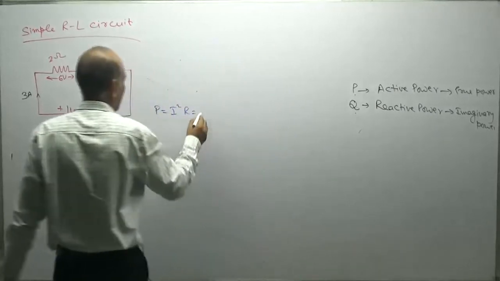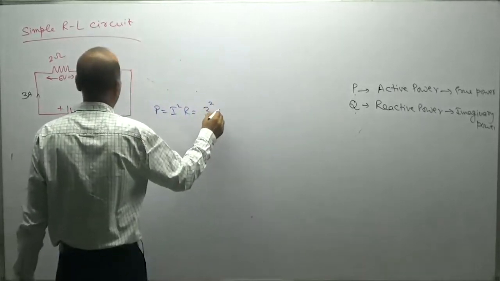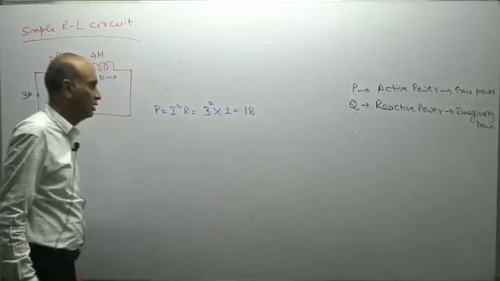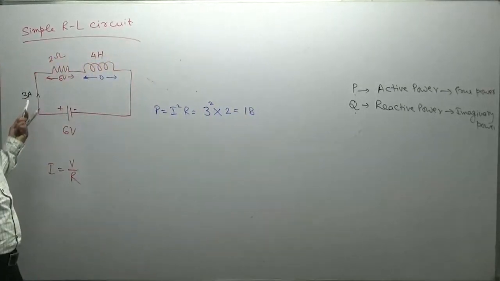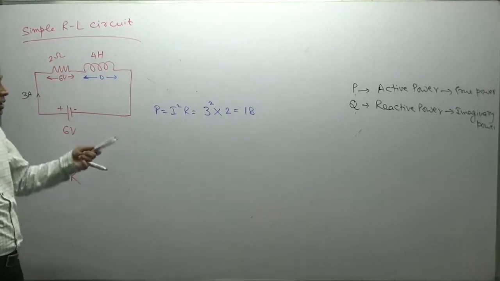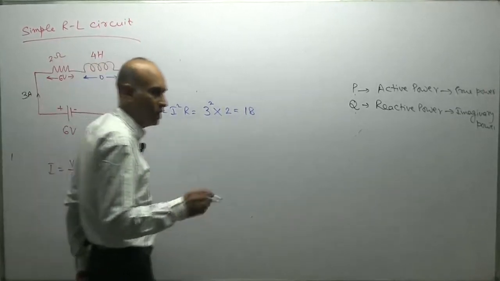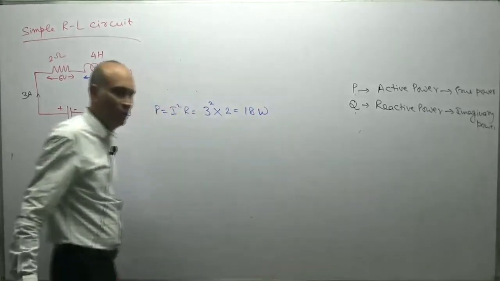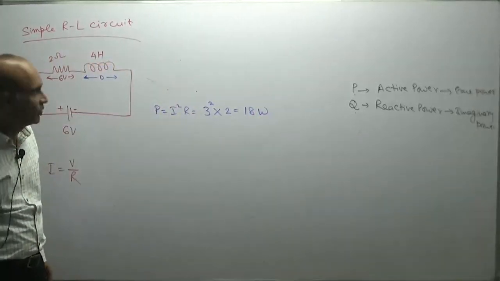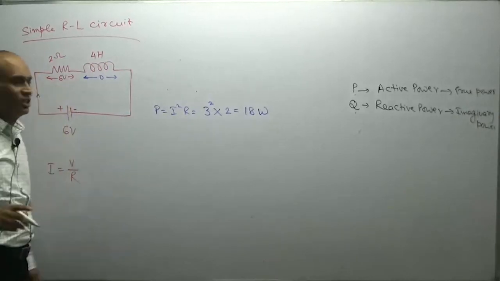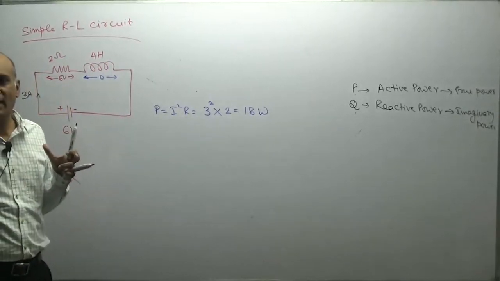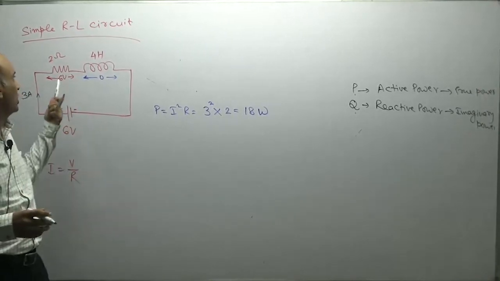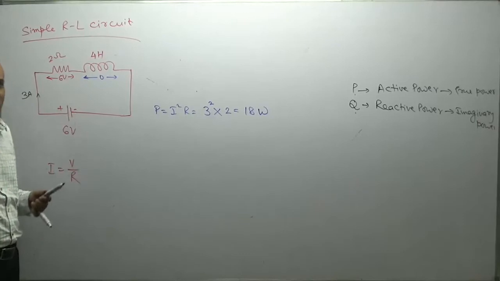It will be 3 square into 2, 18, and the unit is watt. So, this resistor is consuming 18 watt power. What does it mean?